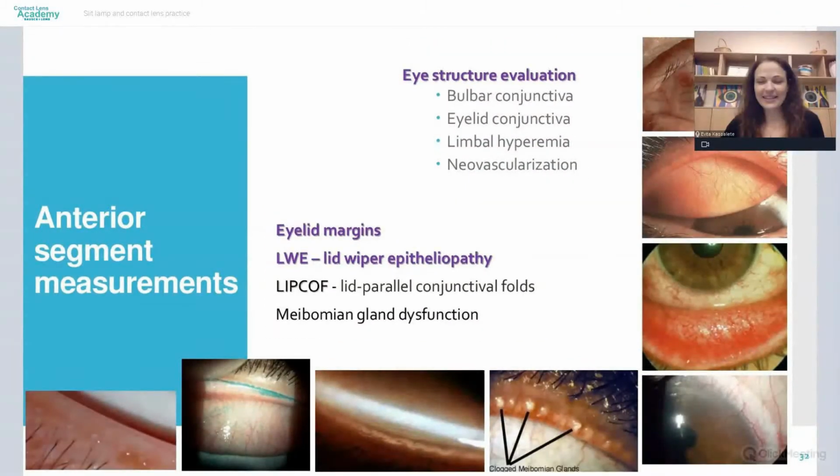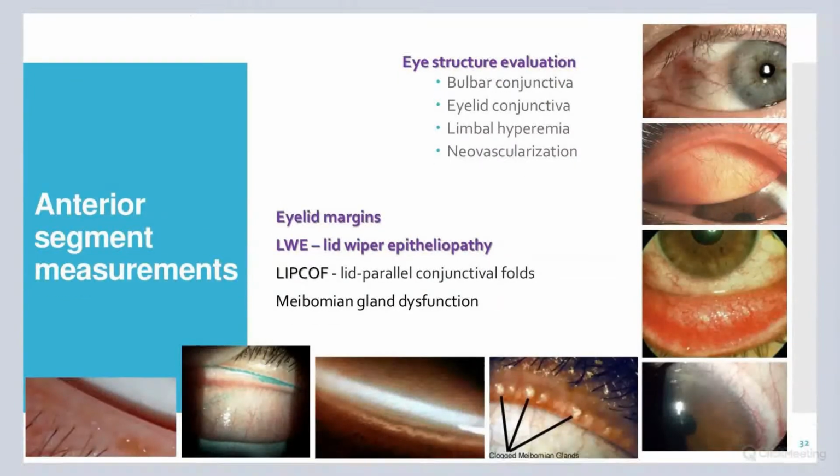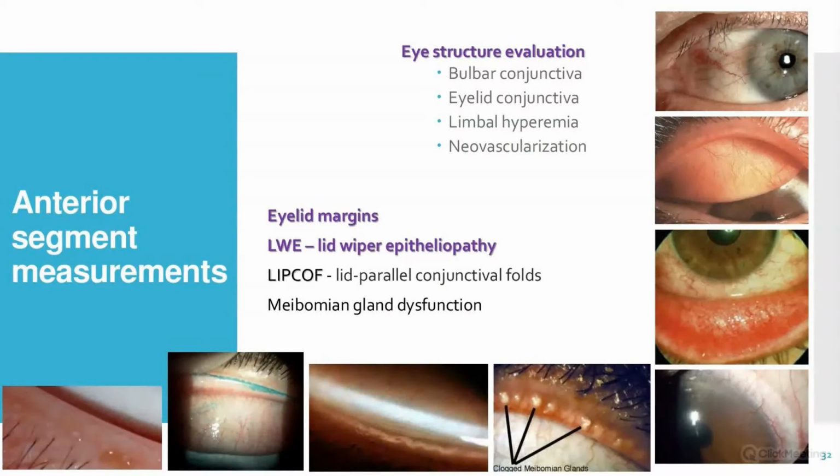Okay, and there you can see also with this dye that there are damaged cells on the upper lid epithelium, and it's colorized. It's sometimes seen when the patient uses contact lenses that are full of deposits, and it's like mechanical damage of the upper lid epithelium. Here is also lid parallel conjunctival folds.